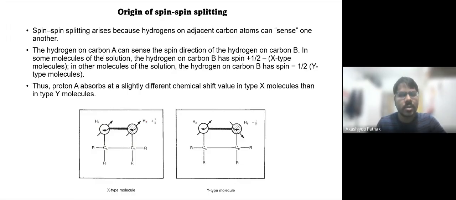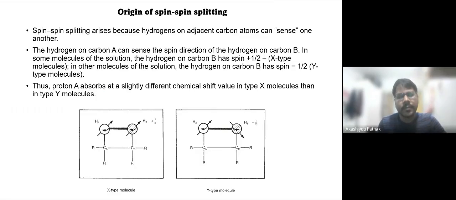This is in very layman terms, without going into the quantum aspects. What we can understand in a physical sense is that the hydrogen on carbon A can sense the spin direction of the hydrogen on carbon B. In some molecules of the solution, the hydrogen on carbon B has spin plus half, which is called the X-type molecules. In other molecules, the hydrogen on carbon B has spin minus half.